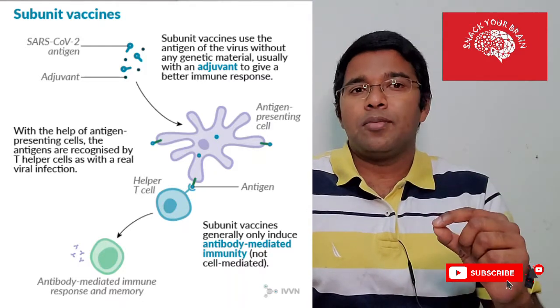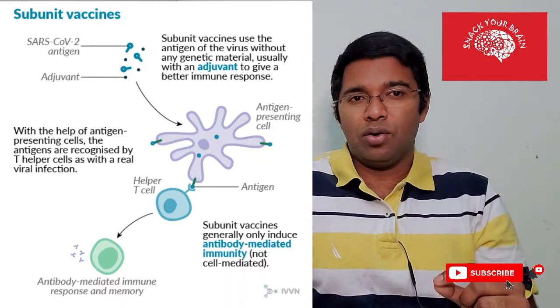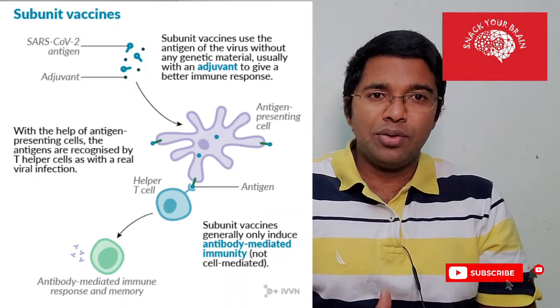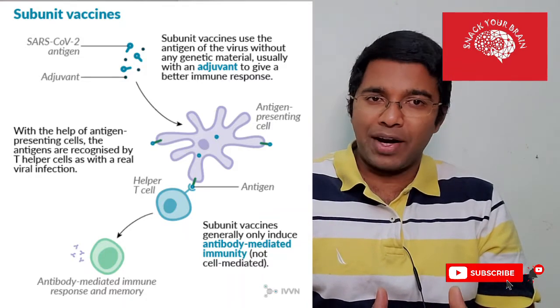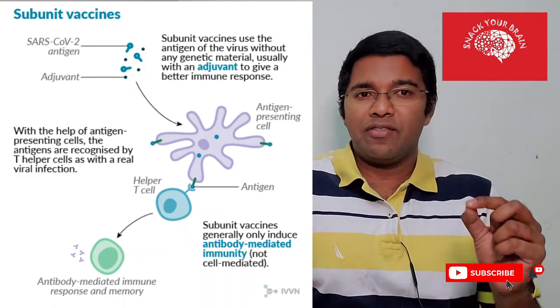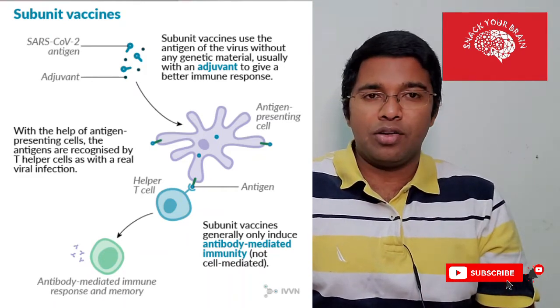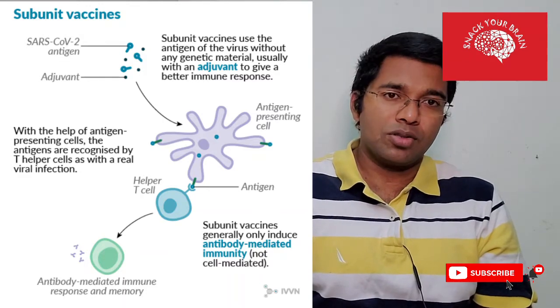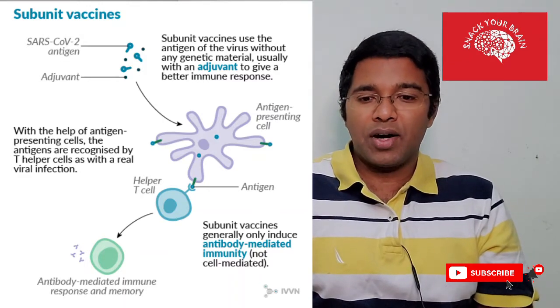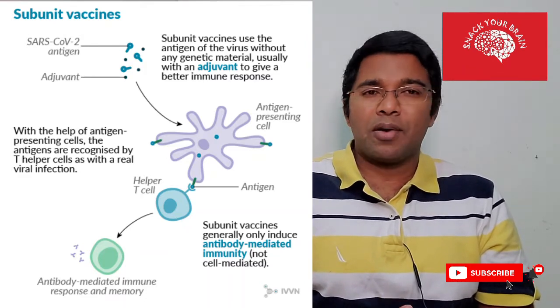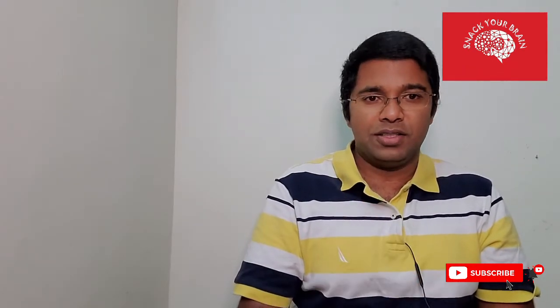This will create an immune response, but it will be very low. The disadvantage of this is you may need 3 doses or more, 4 doses, 5 doses, because you are giving very little of the virus protein in your body to create an immune response. So that is a disadvantage with this kind of vaccine. Usually this is done for diseases like hepatitis B.